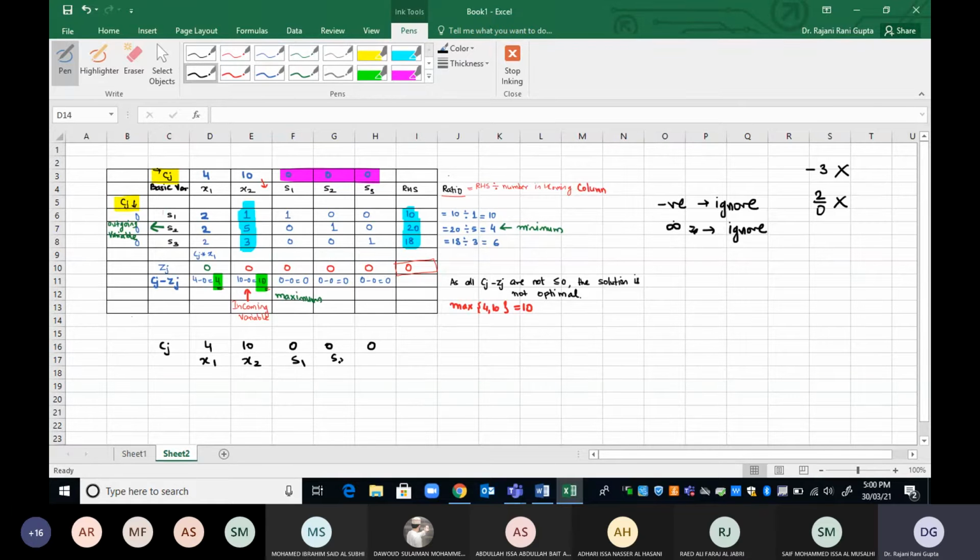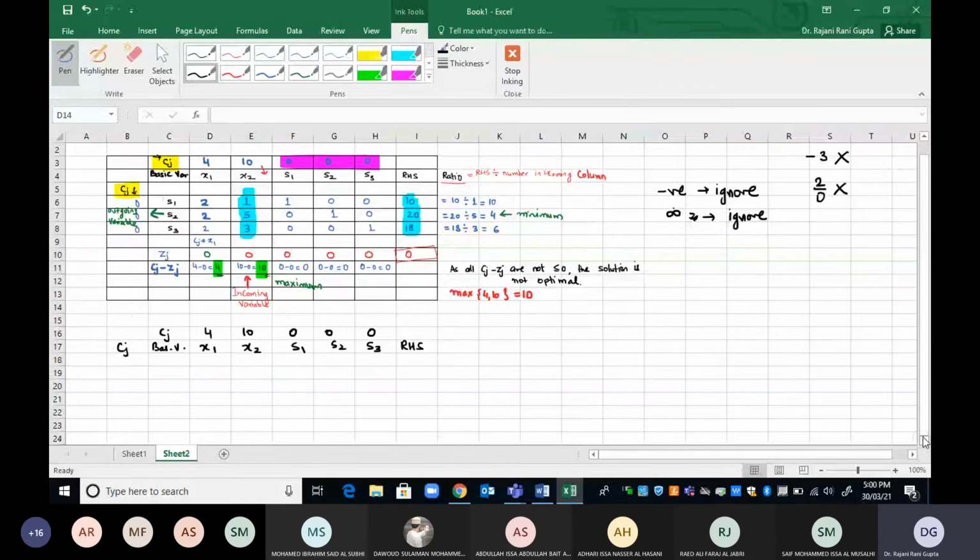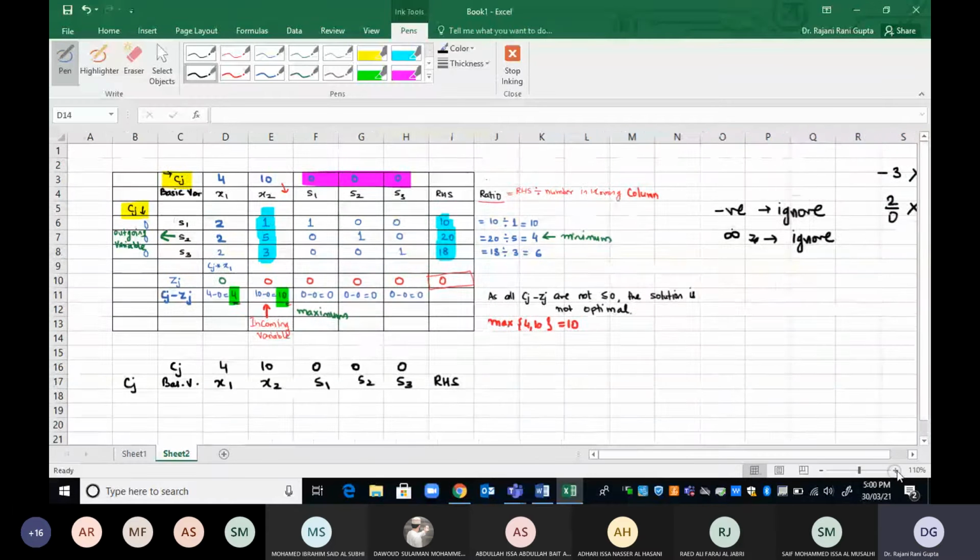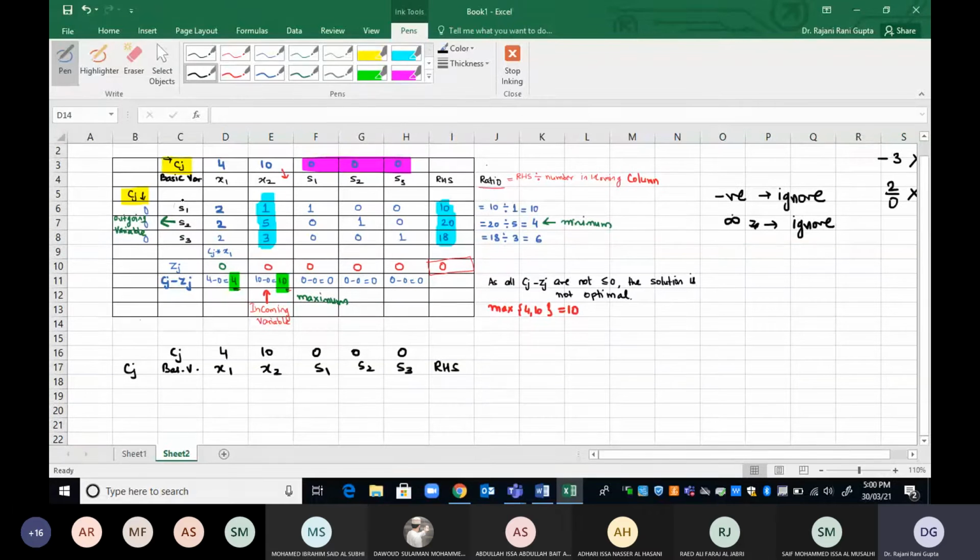S3, RHS, this is basic variable, CJ, okay. So now what will happen here? This is our table. Okay. So what will happen now? Basic variable. If we look at the basic variable, what happened?